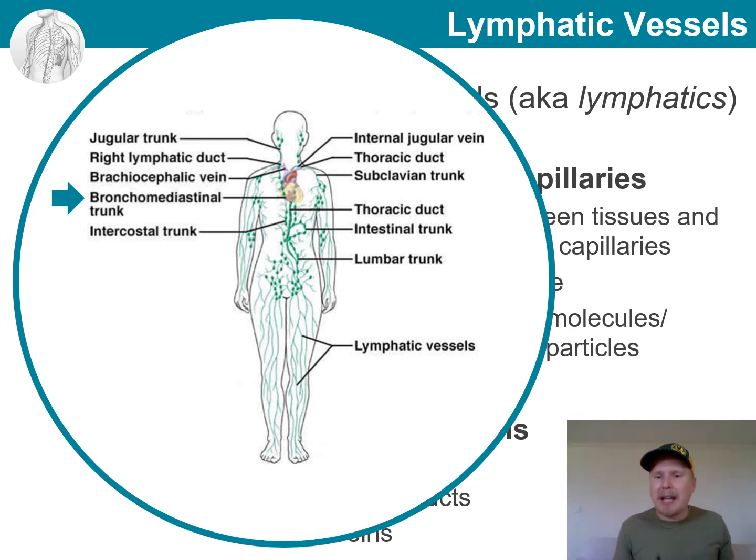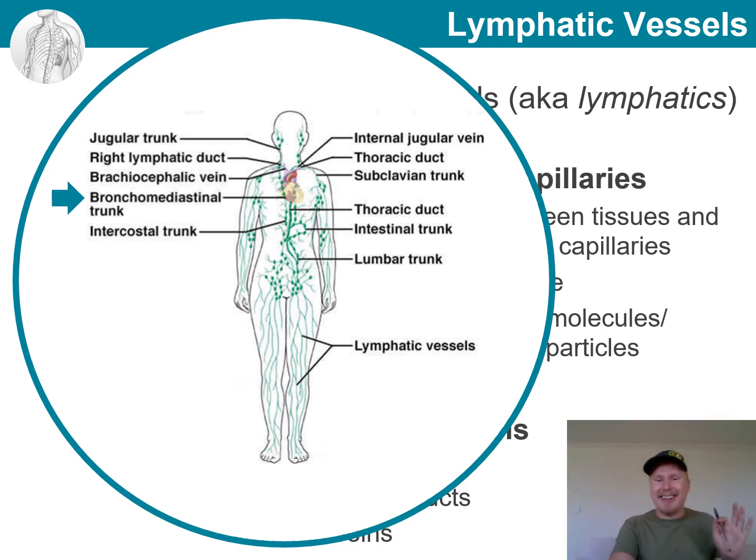Now, let's look at bronchomediastinal lymphatic trunk. That's quite a mouthful of a term, but if we break it down, we will see that the name actually tells well where this term refers to: the trunks at the bronchi and mediastinum.